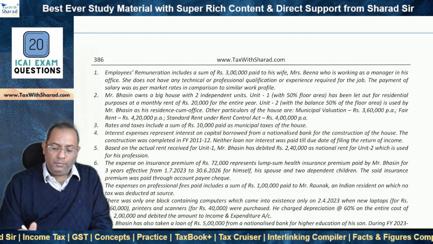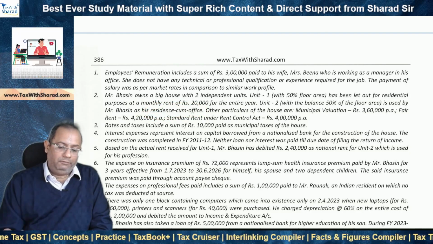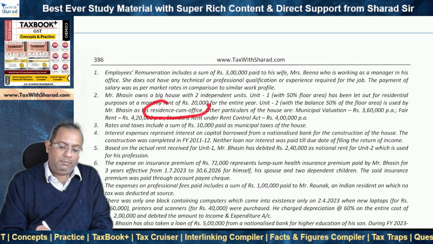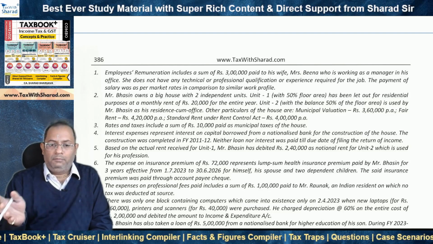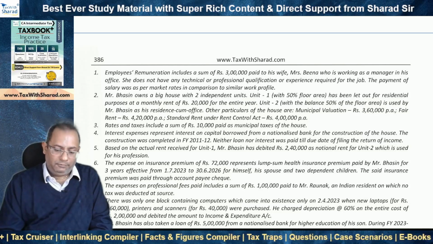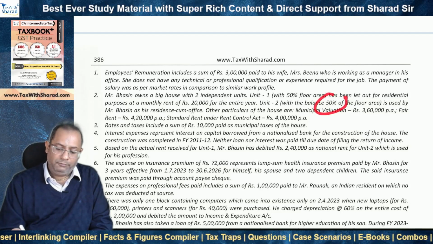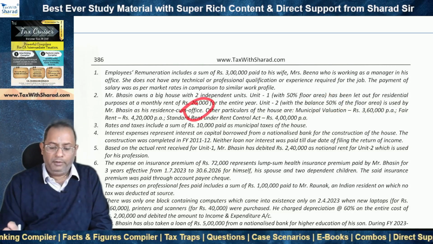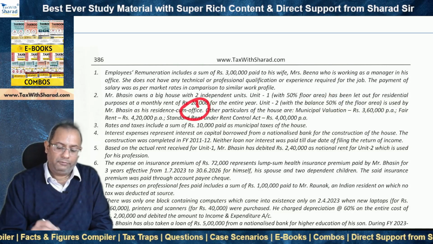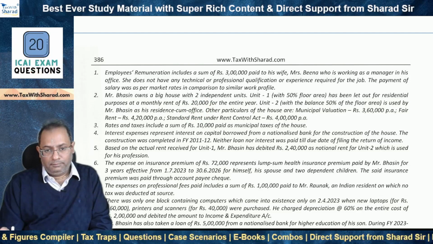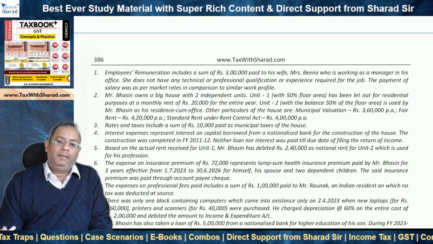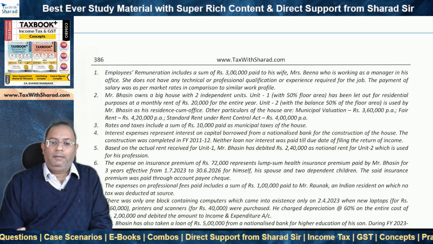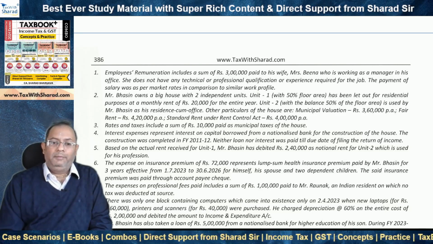So Unit 2, that means half of the property, is used as residence cum office, and here since the area of residence and area of office is not given, we need to assume half. So basically 50% of 50% is for office, 25%. So 1/4 use is for office. And if the house property is used as office, then the income will be considered not under the head income from house property, but under the head PGBP.